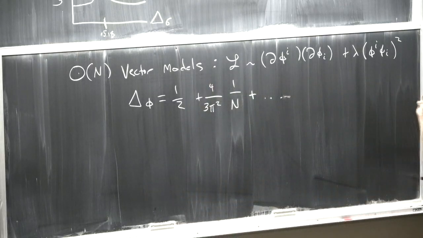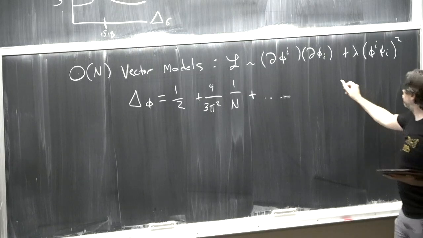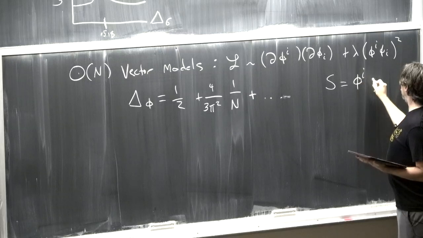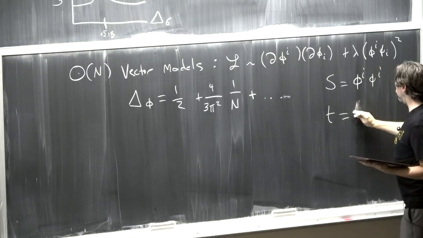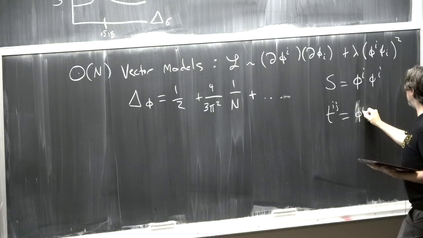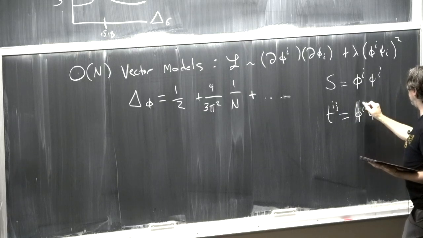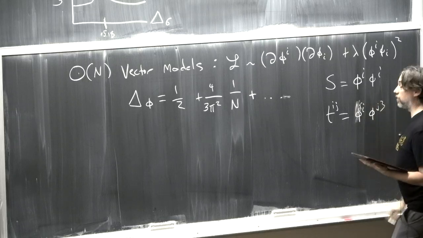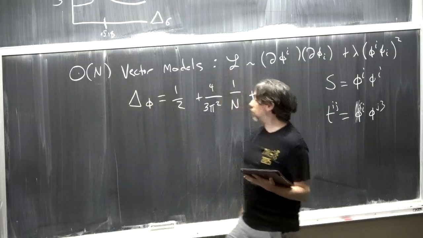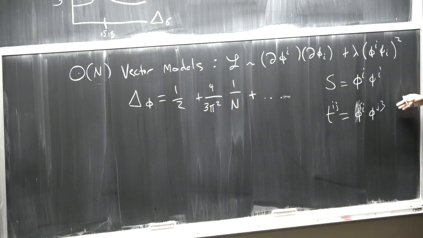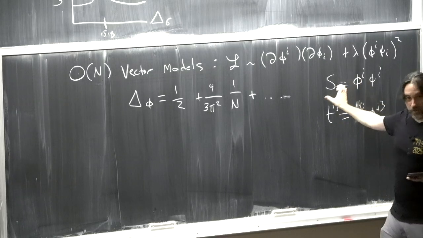Now, if you start looking at things like phi squared in these models, there are different options, right? There's a singlet, there's also a symmetric tensor, a traceless symmetric tensor, and so on. Once you have a global symmetry like an O(N) symmetry, you can divide your operators up into different representations of that symmetry, and you can separate out all these different contributions in the bootstrap.